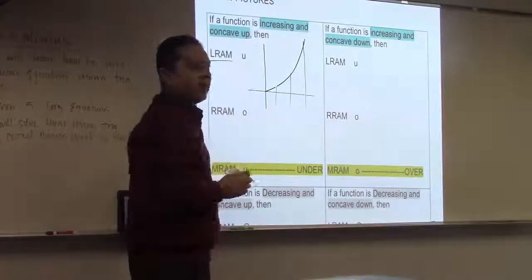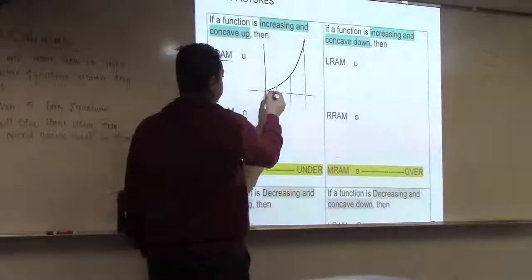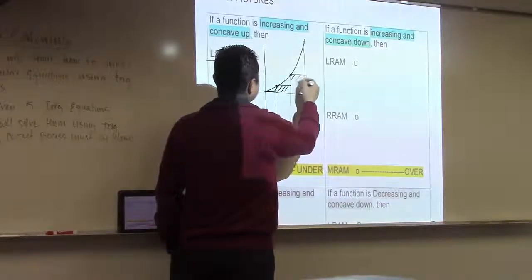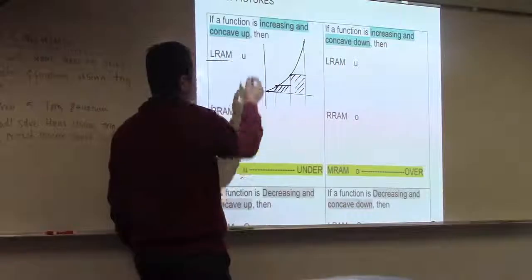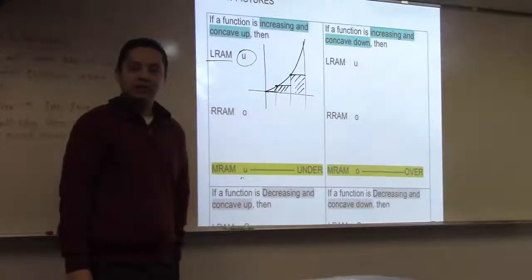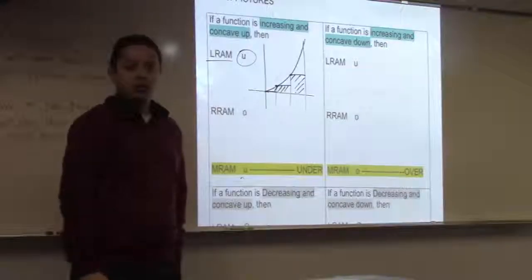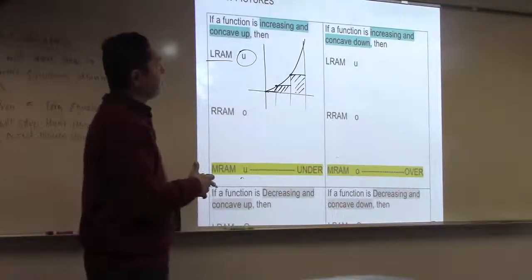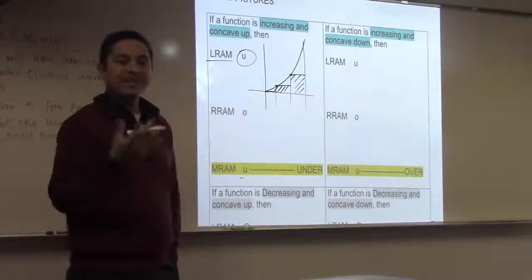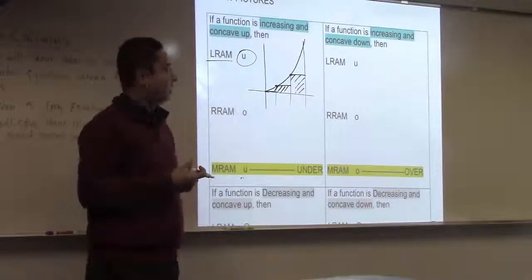And since I'm using Lram, the dots need to be on the left side. So dot, dot, dot. There's my rectangles. You can see that that's actually an under approximation, right? Now, did I have to recall that? No, I didn't. I just had to know what the process was, do a little bit of sketch, and the answer will be there. That is connecting the dots in AP calculus, right?